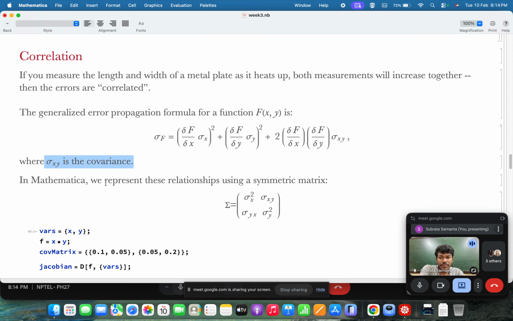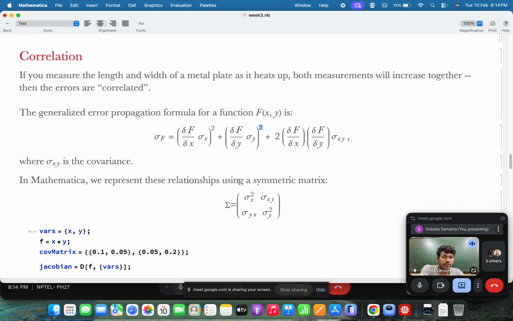In Mathematica we represent this in matrix form. I define a matrix that is symmetric. You see this is a symmetric matrix. The first element is sigma x squared, the second one is sigma y squared, and the third ones are the off-diagonal elements.